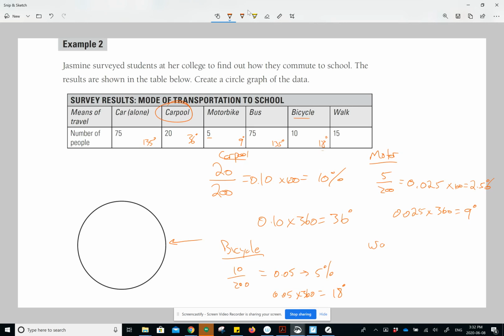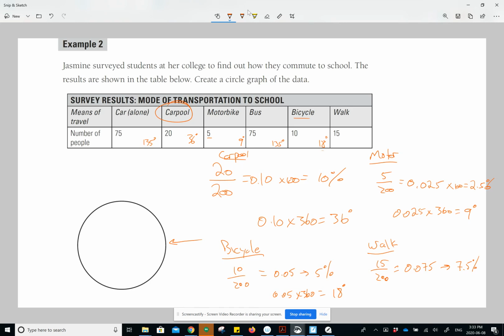And then finally for the walk, I'm going to take 15 out of 200, which is 0.075, which as a percentage is 7.5%. So 7.5% of my people walk, or 15 out of 200.